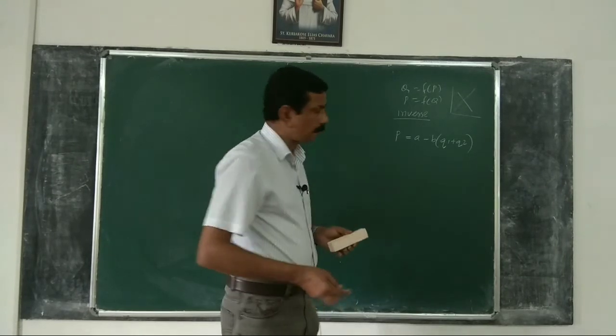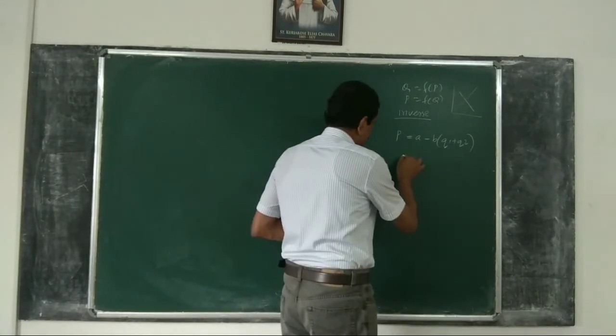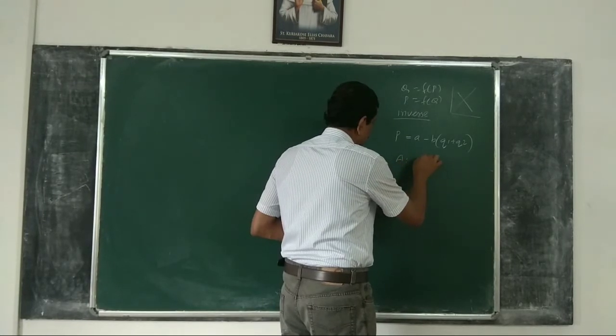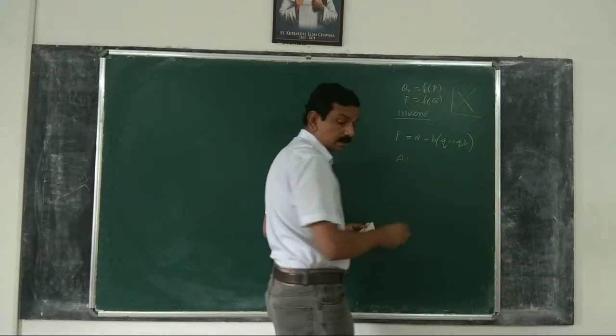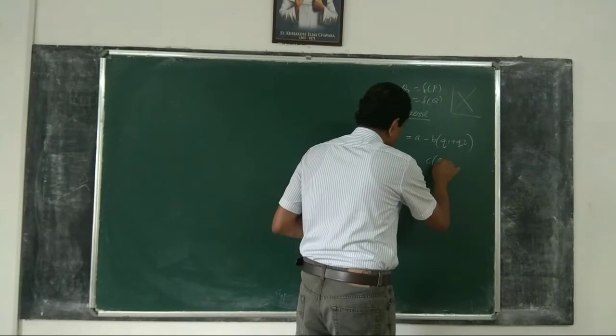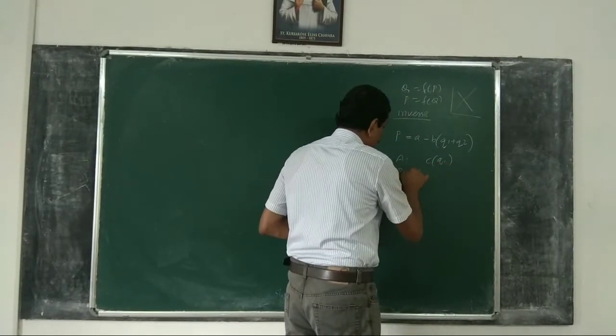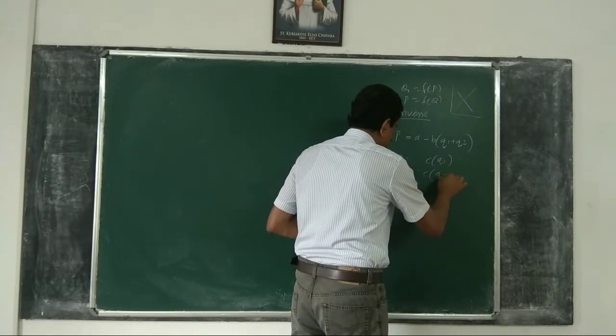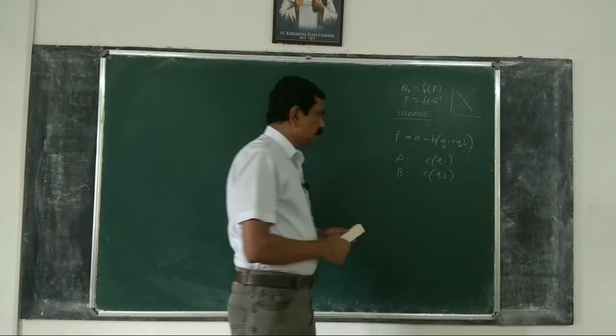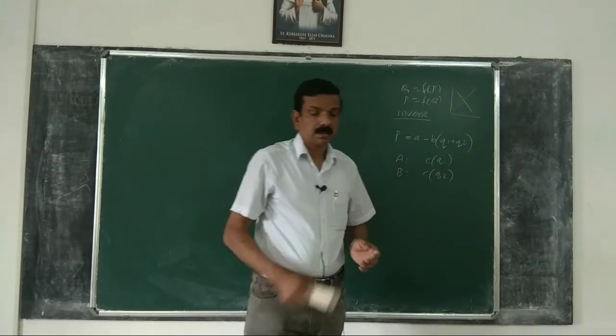And for firm A, the cost function is written as C(Q1). And for firm B, the cost function is C(Q2). Cost functions need not be identical.